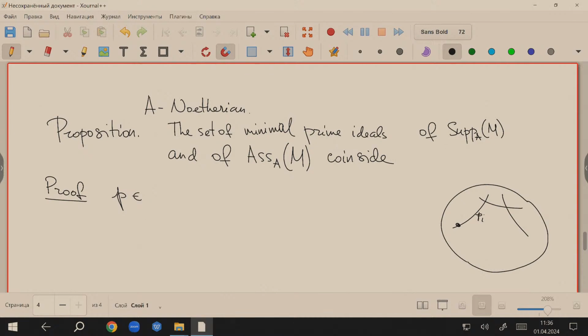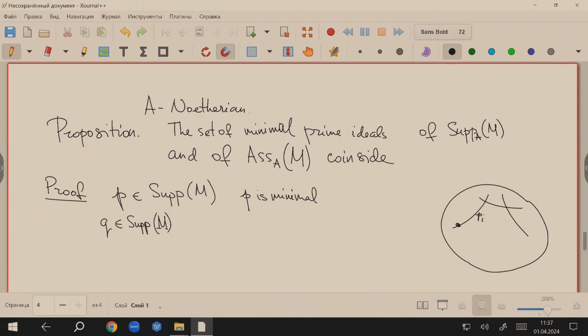So suppose P belongs to the support of M and P is minimal. What does this mean for our ring? If you localize, and you have Q inside the support, two options can occur.